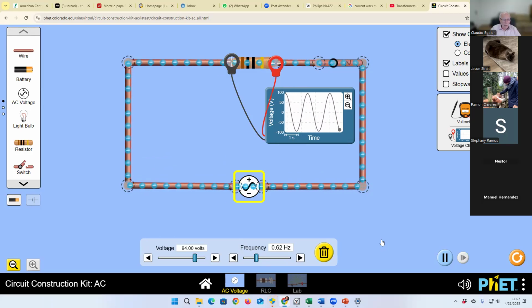Lower frequency, longer period. And I can adjust the voltage as well. Look, I'm going to decrease the amplitude of the oscillation of the circuit. That's what a generator does to your circuit whenever you have a voltage.